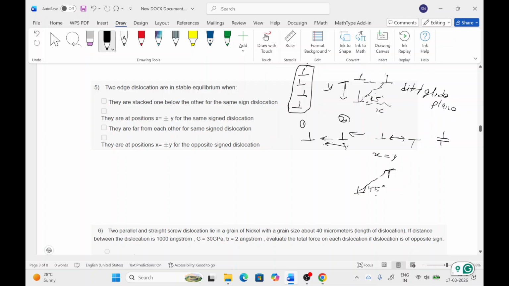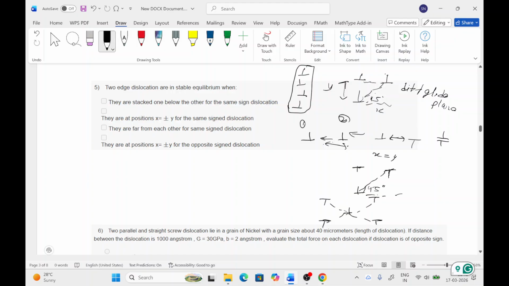So at a 45-degree angle, they will be stable, and when they come near, they will repel each other. So the stable condition for opposite sign edge dislocation will be this type. So all dislocations having a 45-degree angle are stable.